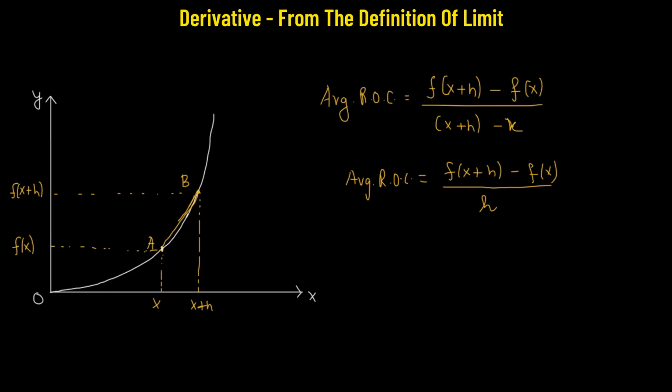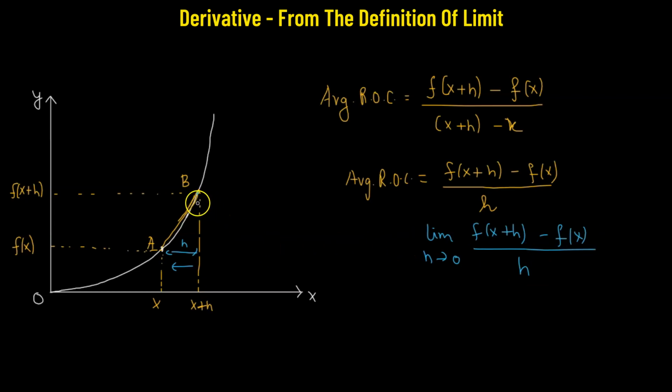Now what we'll try to do is bring this particular point B closer to A. So if we bring B closer to A, it's the same as saying that this is the h value. So we are trying to make the value of h as small as possible. So if we consider the limit when h approaches 0, then our function f of x plus h minus f of x divided by h becomes the instantaneous rate of change.